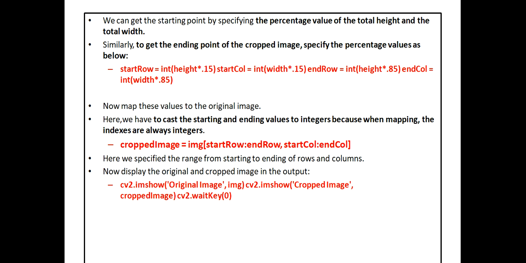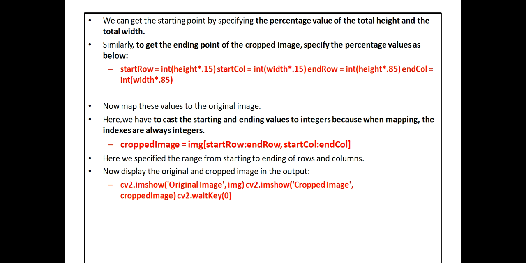So you see that we have started from this portion of the height, and started our column from this portion of the width. Clear? Then we have gone up to this end row, multiplying by 85. Similarly, for the column we have only taken this portion.